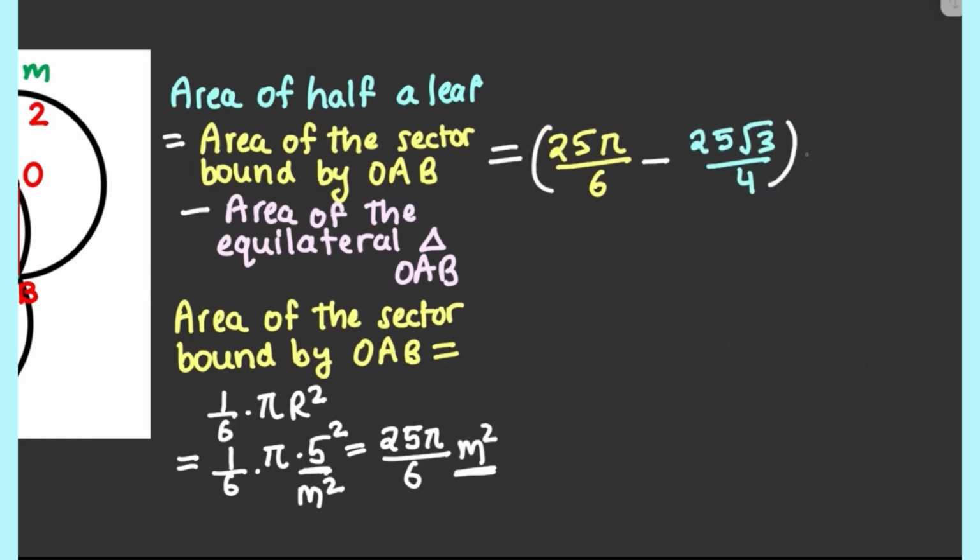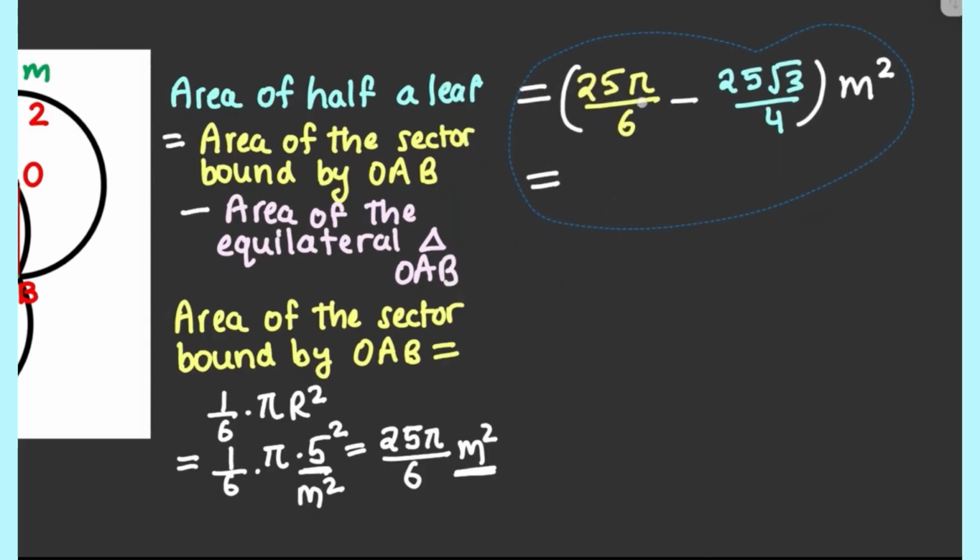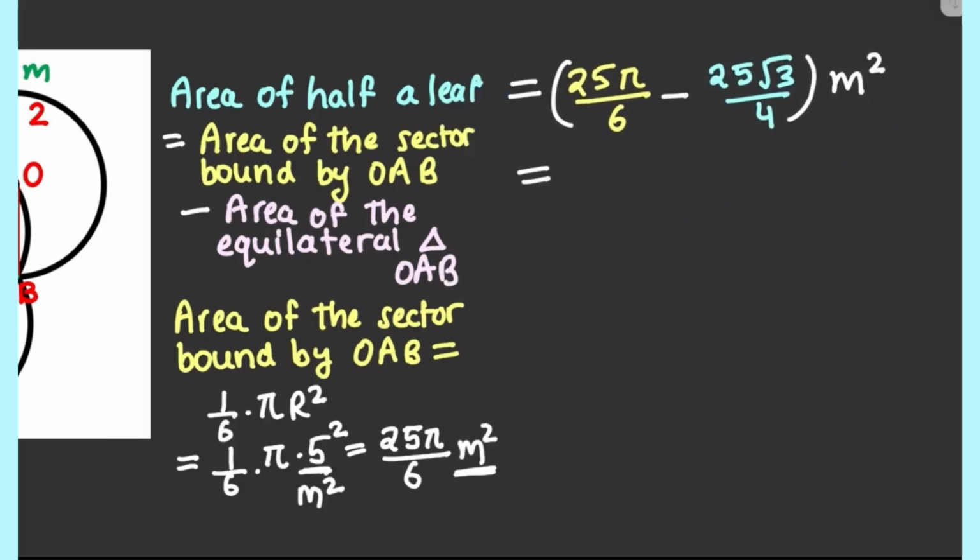Let's put this inside the parentheses, meter square. All right, so this gives us, I'm going to scoot this a bit up over here, and I'm going to put a line here.